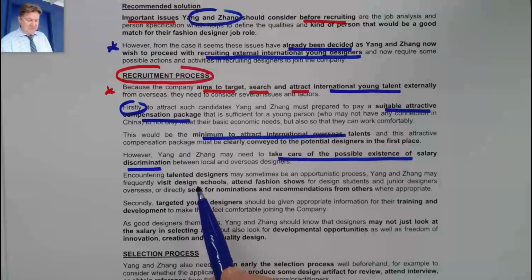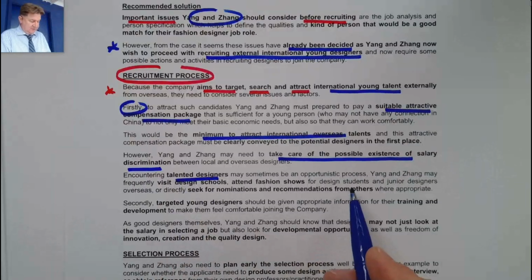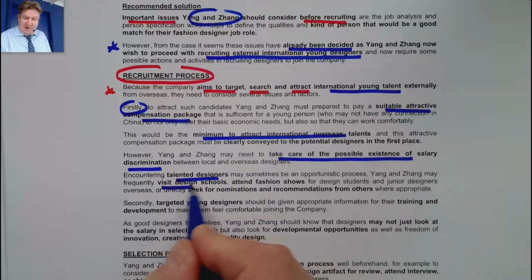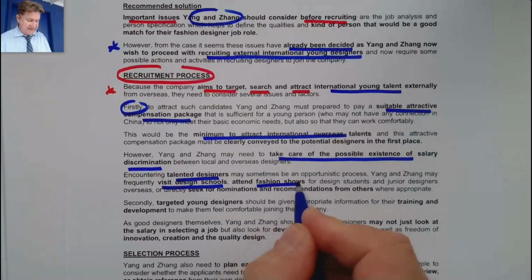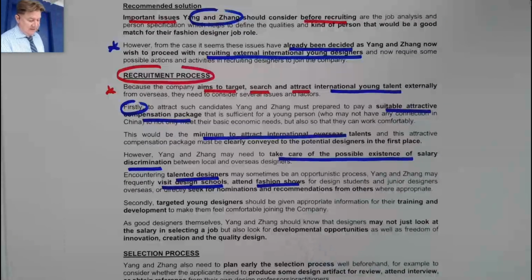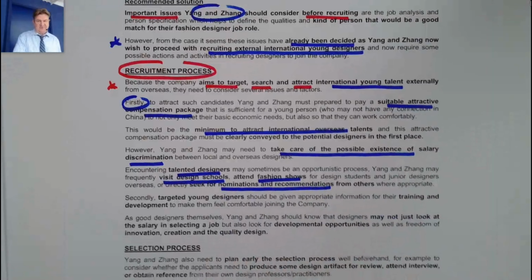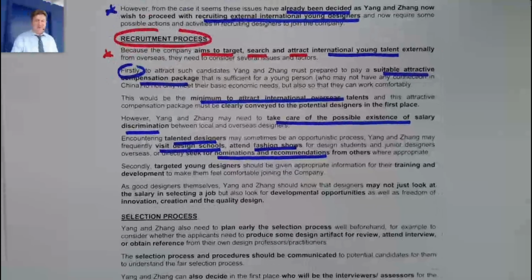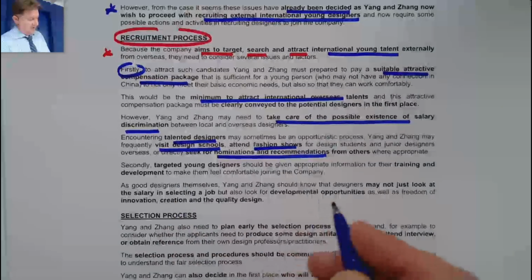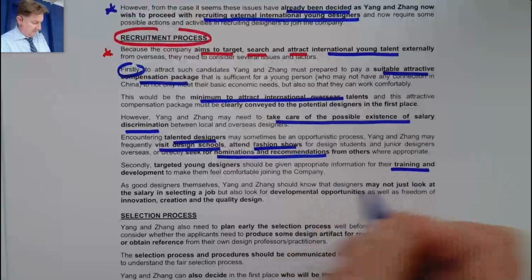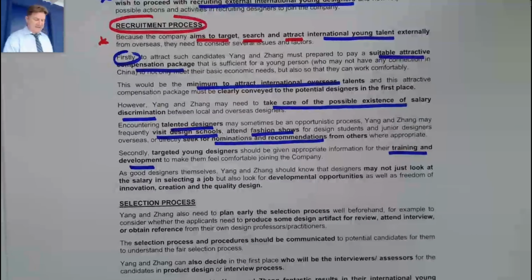So where could we recruit from? Well, talented designers may sometimes be an opportunity process. So look, in the pre-scene, they talked about things like design schools we could go and visit. There's things like the fashion shows, therefore. We could even get nominations and recommendations from others. It talked about things such as professors, therefore. But not only when we target them are we giving them information about the money they can make. We mentioned things like the training and development.